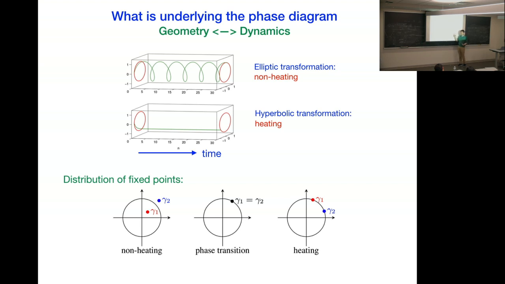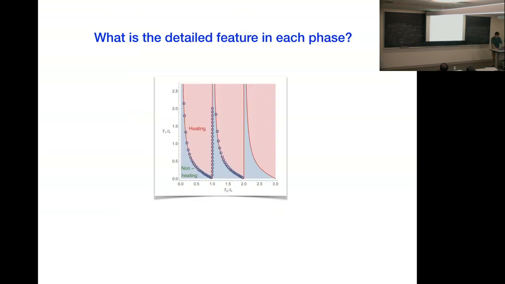So the operator will always flow to some attractive fixed point. At the phase transition, you can find the 2 fixed points will first merge on the circle at the phase transition, and then split into 2 fixed points on the circle. This is the underlying mathematical structure of the phase transition in a Floquet CFT, driven by SL2 algebra.